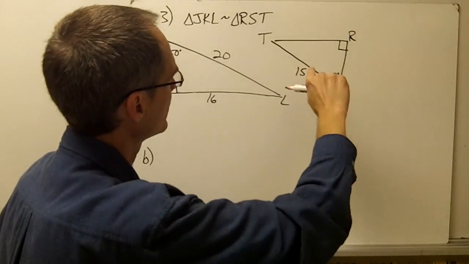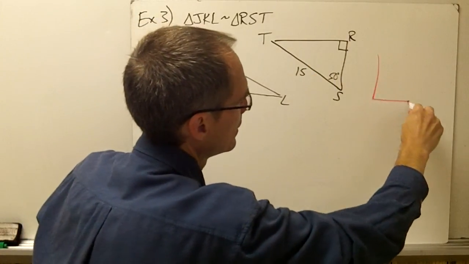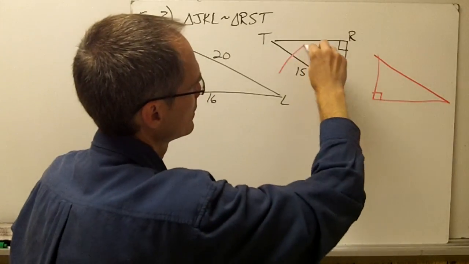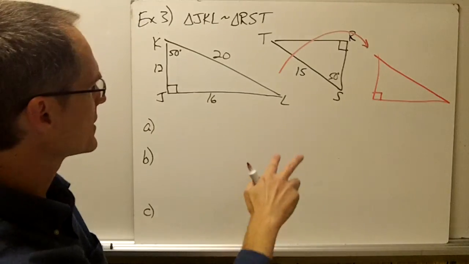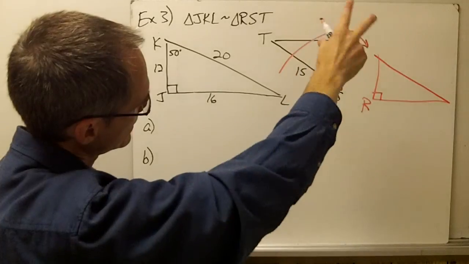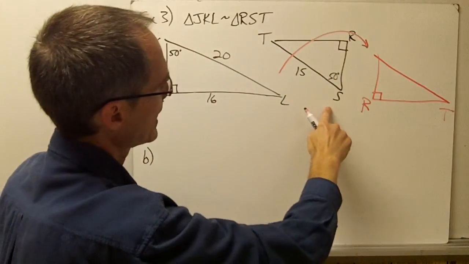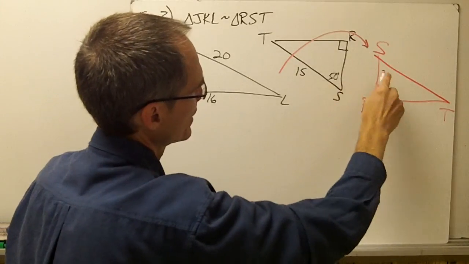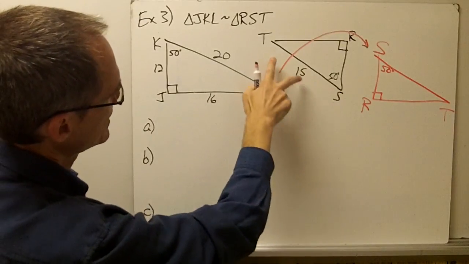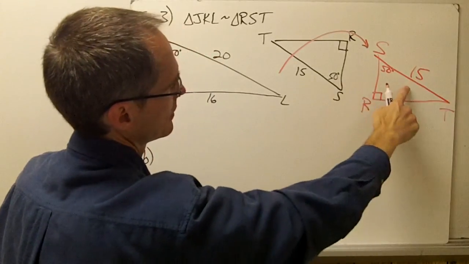If I rotate it 180 degrees this direction, then my right angle is R, so that's angle R. R comes down here, T is going to be over here, and S is this one up here. That's where my 50-degree angle is. And side ST, my hypotenuse, that's my length of 15.